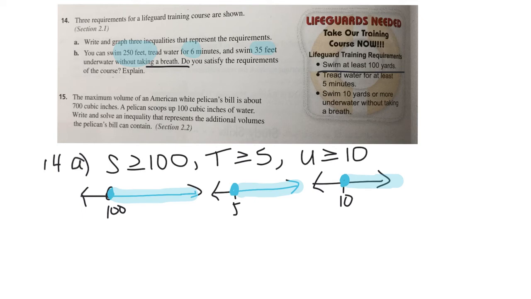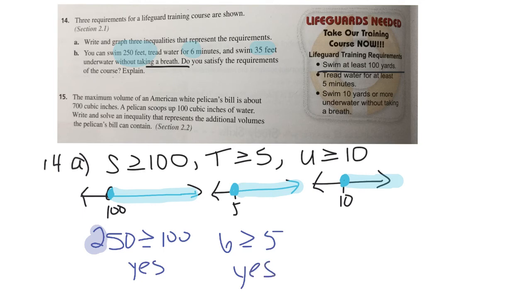So, is 250 greater than or equal to 100? Yes. Is 6 minutes greater than or equal to 5 minutes treading water? Yes. And is 35 feet greater than 10 yards?